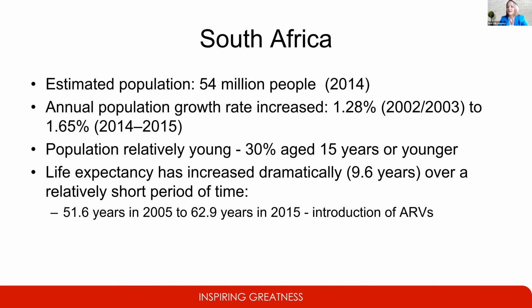Our life expectancy over the last few years has really increased quite dramatically, as you can see from the slide. And that has a lot to do with the fact that a large proportion of our population were HIV positive. Since the introduction of antiretrovirals, that's done a lot to increase the life expectancy.